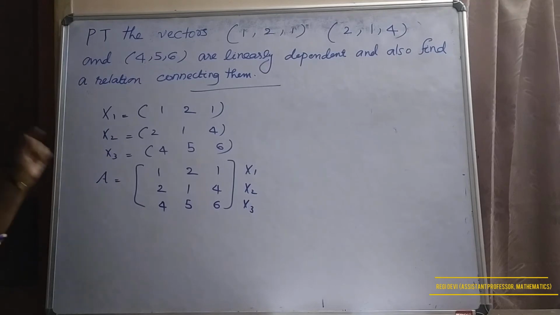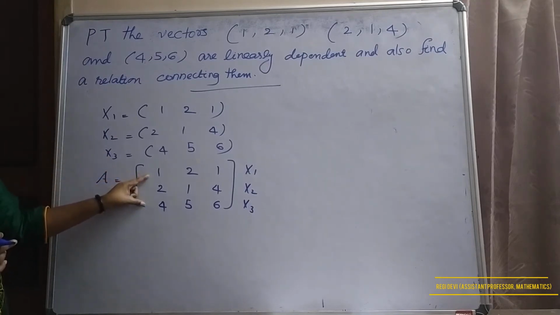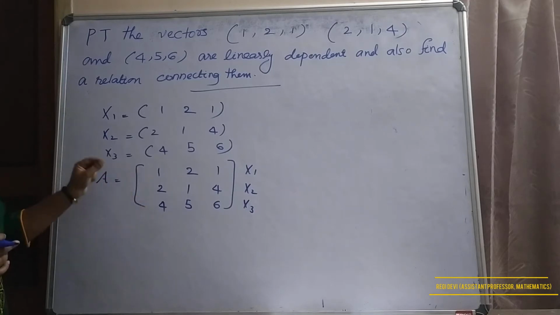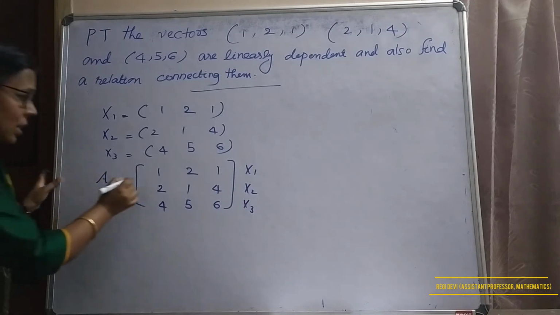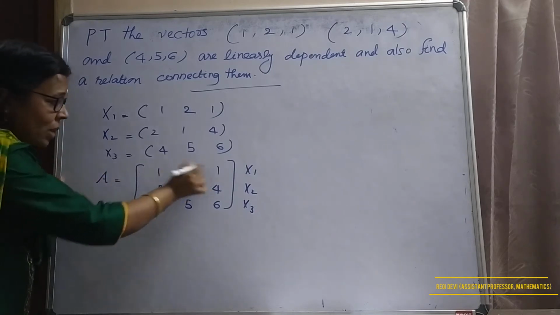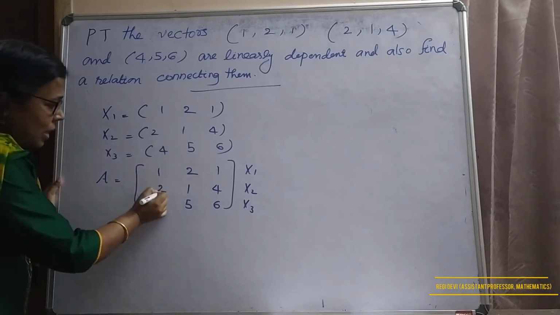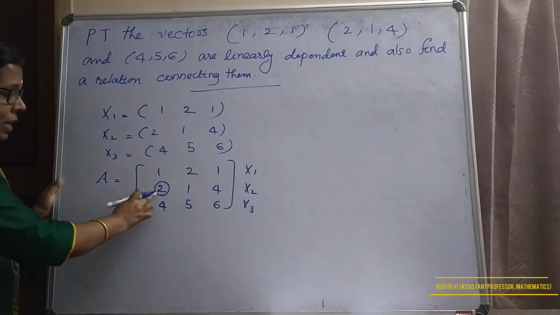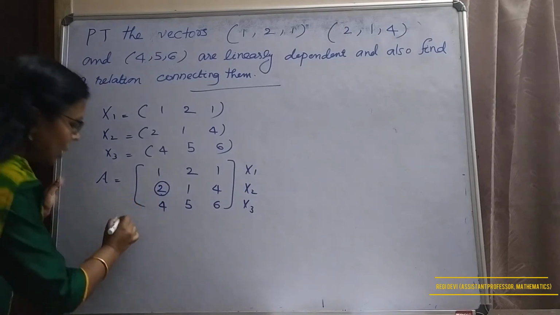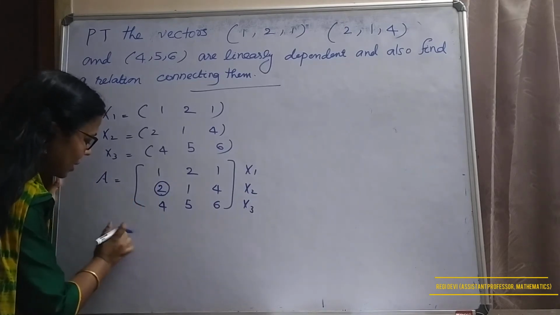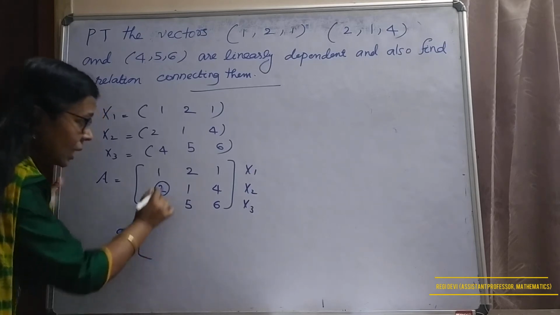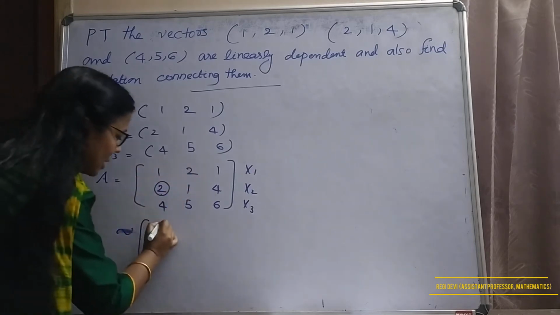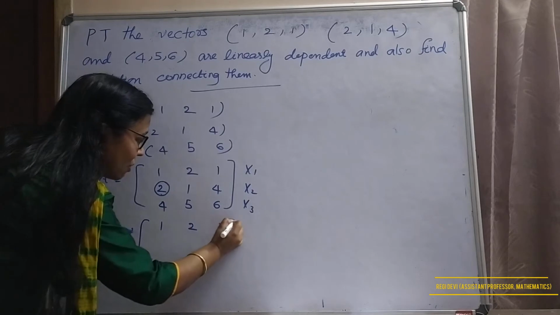Now we have to reduce this matrix into row reduced echelon form. Hence we have to find the rank of the matrix. For this, the first element in the first row is 1. Then we have to change this 2 into 0. How can we change this 2 into 0? Here the first row is fixed, that is 1, 2, 1 is a fixed row.